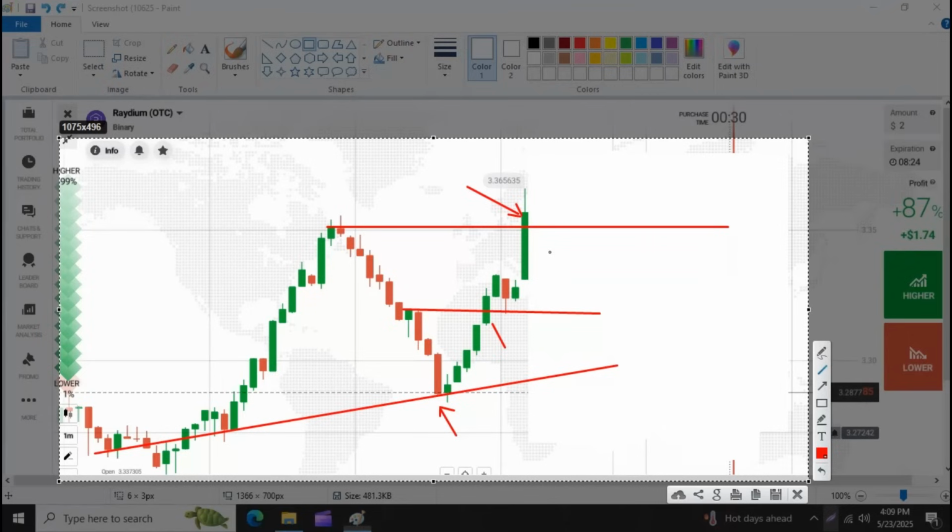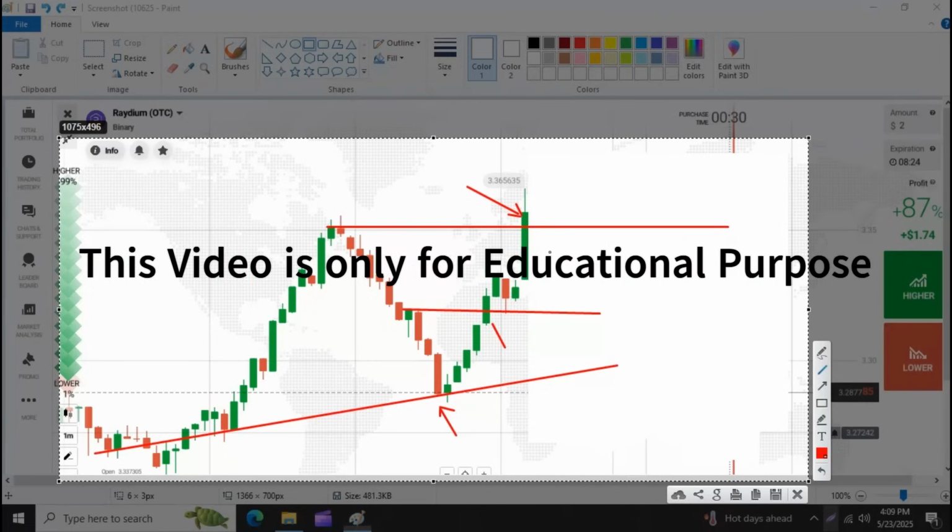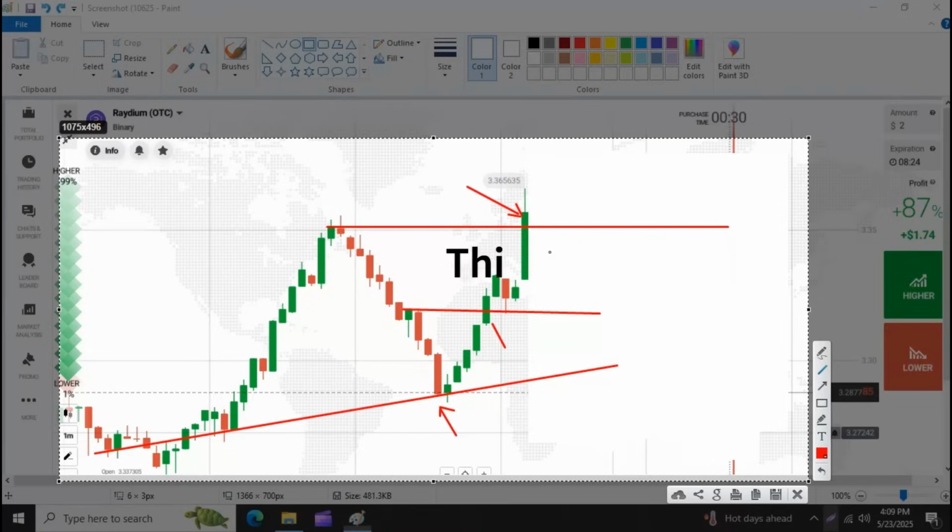But how long? Maybe it could make one more candle, or it will reverse instantly. Both things can happen, so try to wait for the candle. Every time we can't predict the perfect one. Sometimes the market needs a weakness to make a reversal. Without weakness the market won't reverse, except in major areas like previous major trend reversal points.